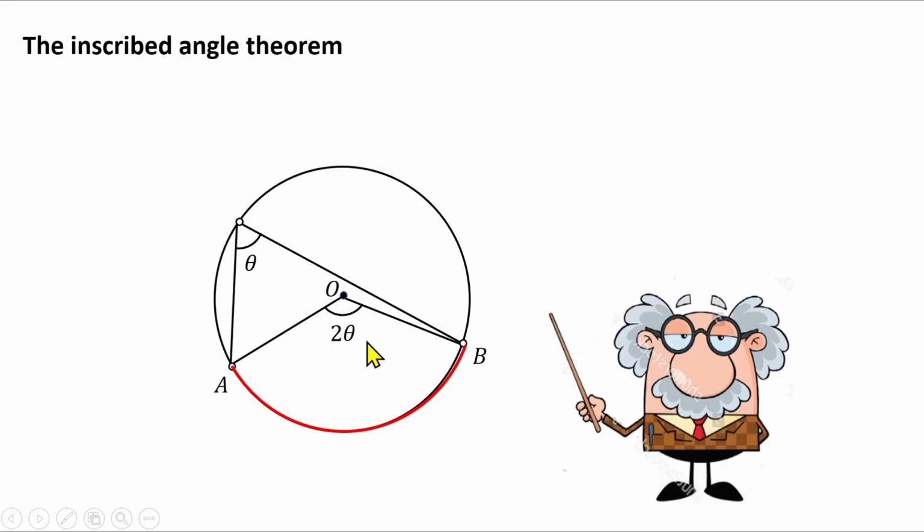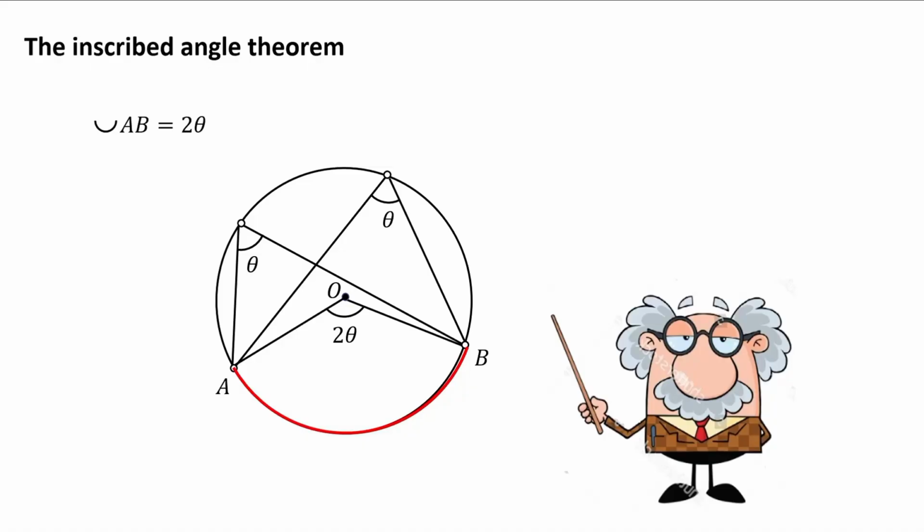This value of the angle is at the same time the angular measure of the arc AB. If we have another inscribed angle which intercepts the same arc, its value will also be theta.